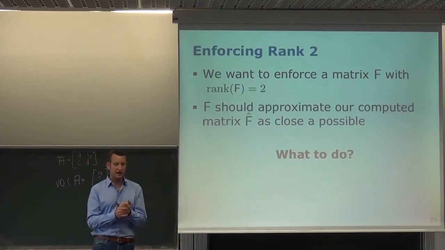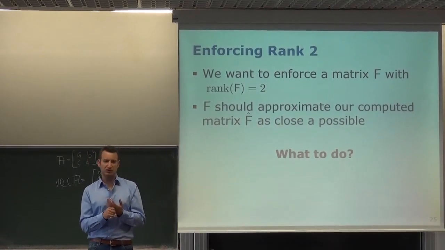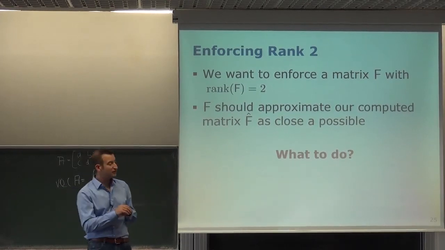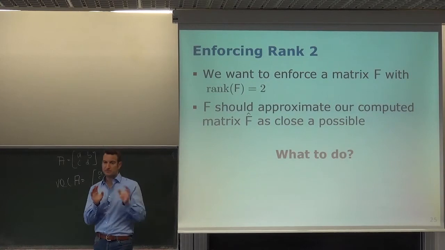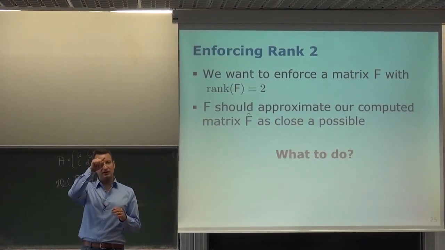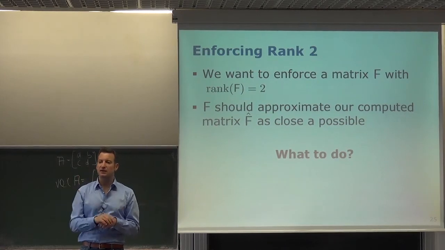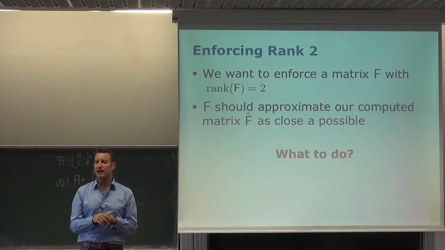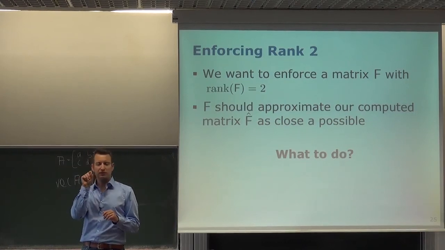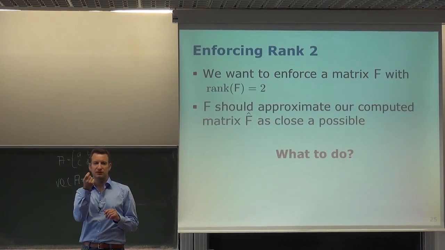In order to do that, I can again exploit the singular value decomposition, because what the singular value decomposition does, it turns A into this product of 3 matrices, and the matrix in the middle, the matrix D, is exactly the matrix which has the singular values on its diagonal. I simply take the smallest one out and set the smallest one to 0. That's kind of the trick that I'm doing.